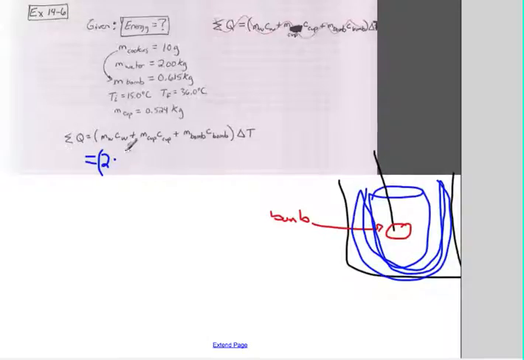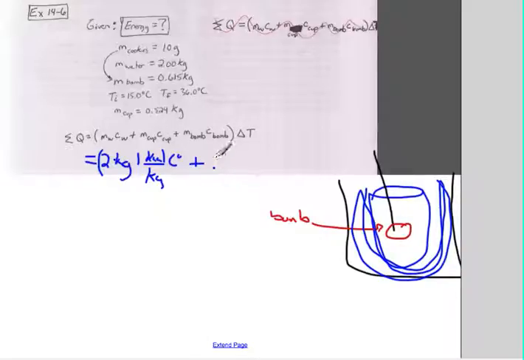So we're going to have 2 times, so that's 2 kilograms. Better write that down. And then we've got C, it's going to be 1 kilocalorie per kilogram degrees Celsius. And then we've got the same kind of thing for the other ones.